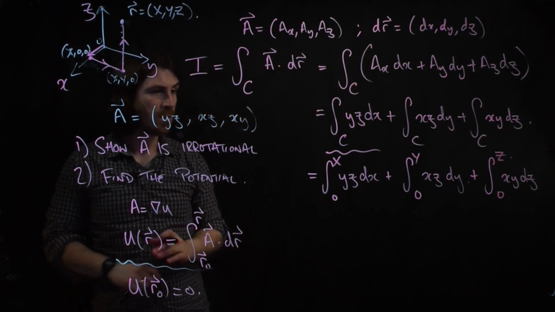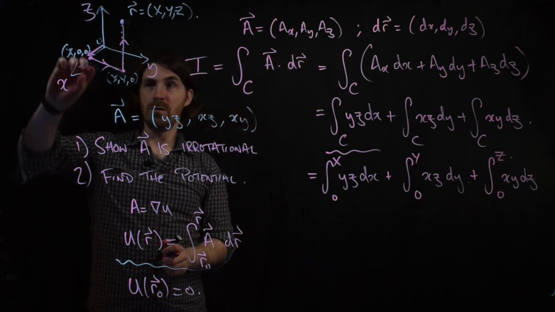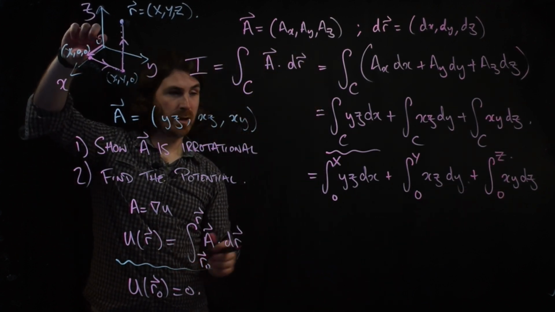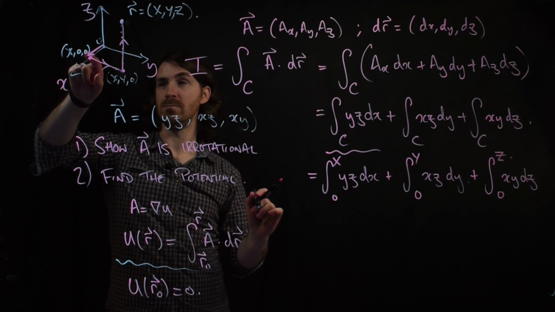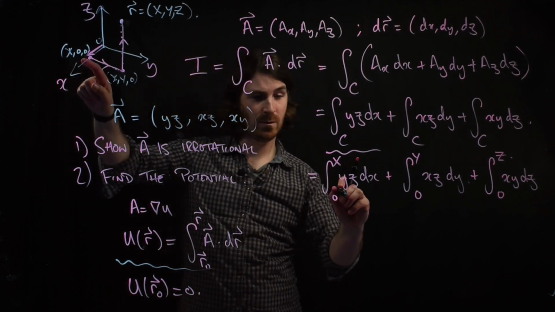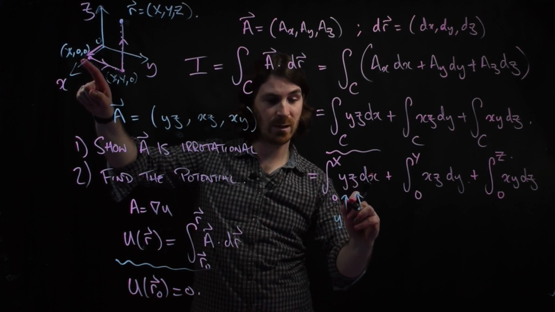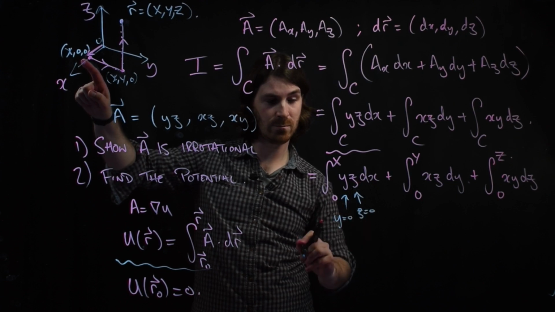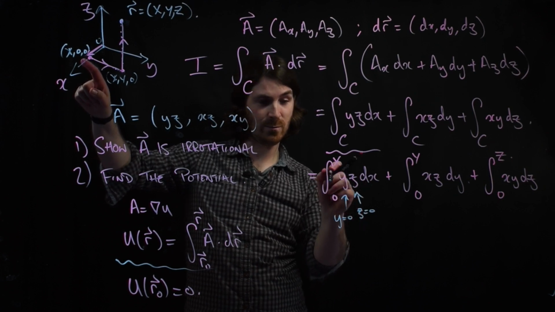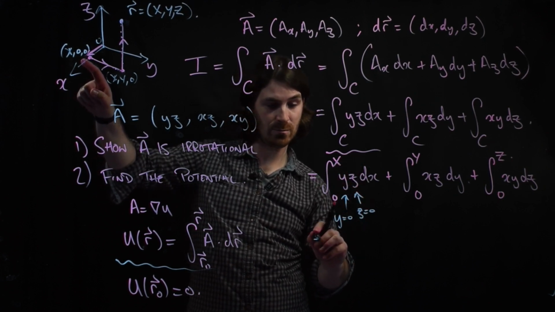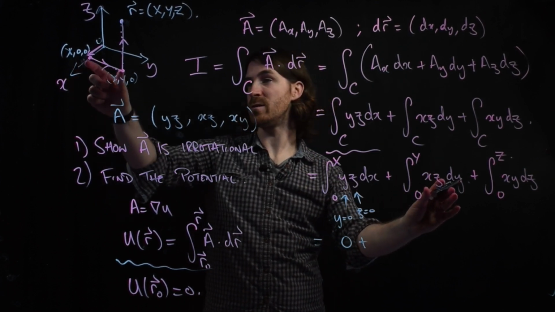Okay? Now, we can think about what the values of y and z are as well. We haven't done that. So this first section, from 0 to x, okay, y equals 0 here. Okay, so y equals 0. Sorry, and z equals 0. Z equals 0 and y equals 0. Okay, so this is the integral of yz dx. This is 0. 0 plus the integral of x, z, dy along this section.